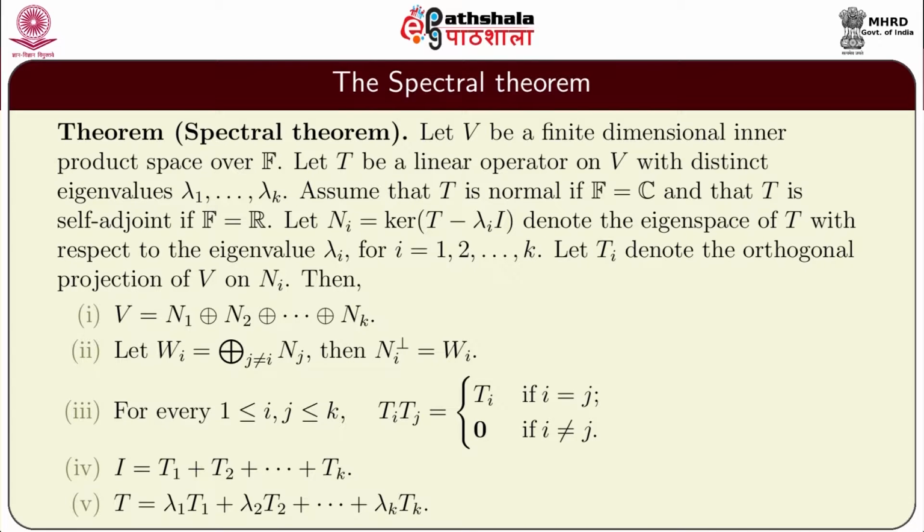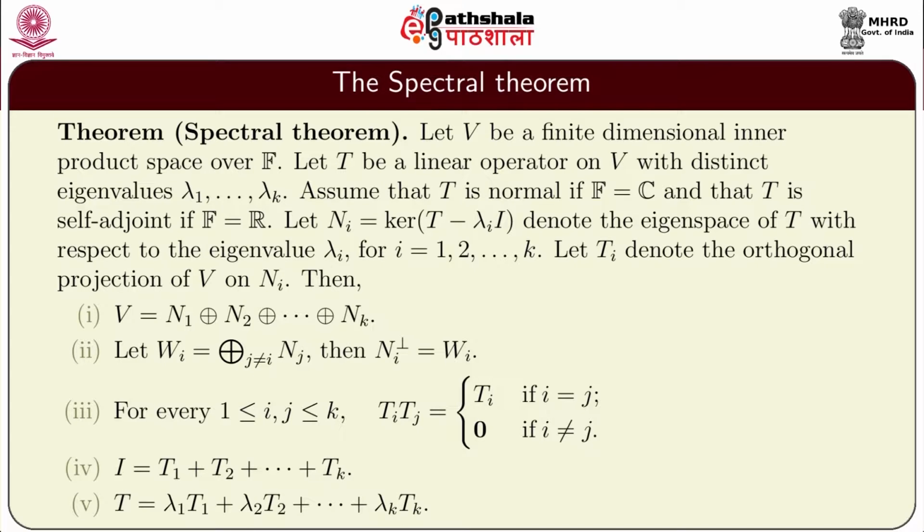The third part, for every i, j within 1 and k, Ti Tj, the composition, is equal to Ti if i is equal to j, and it's the zero operator if i is not equal to j.